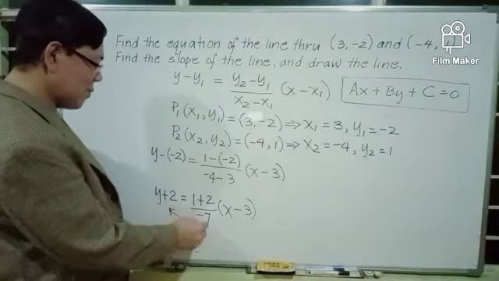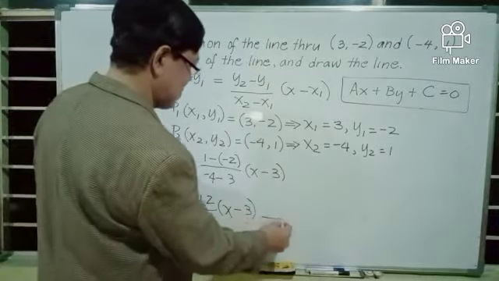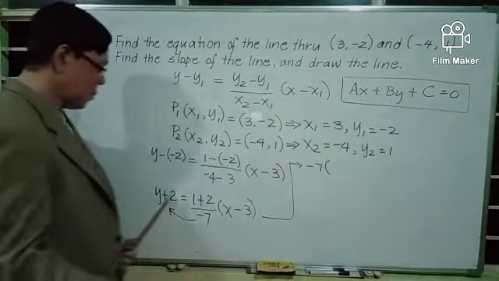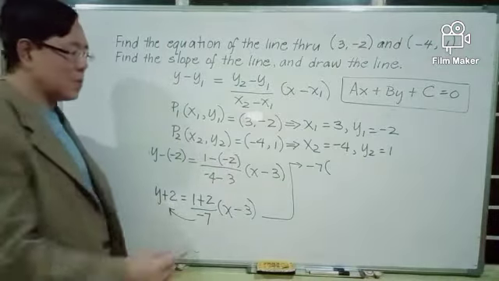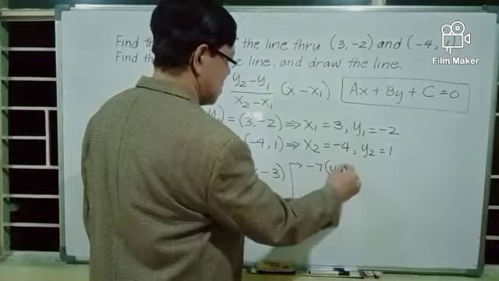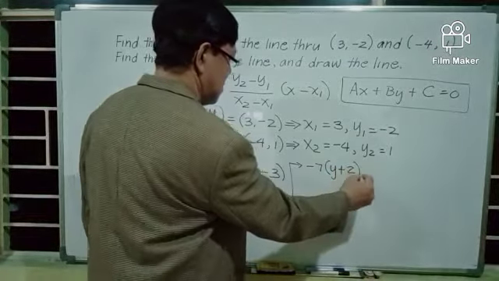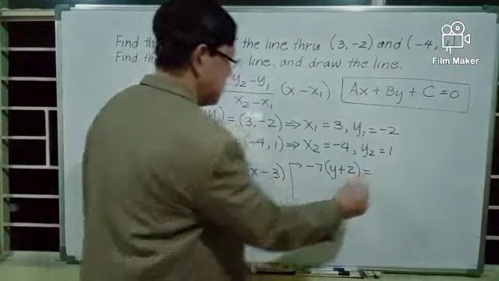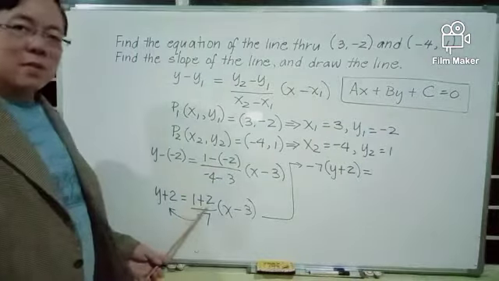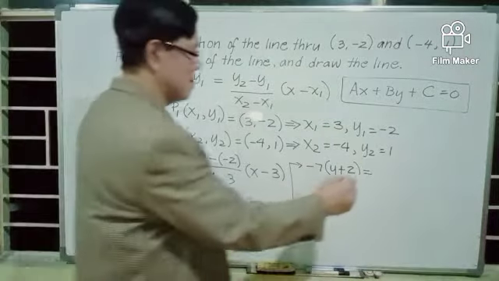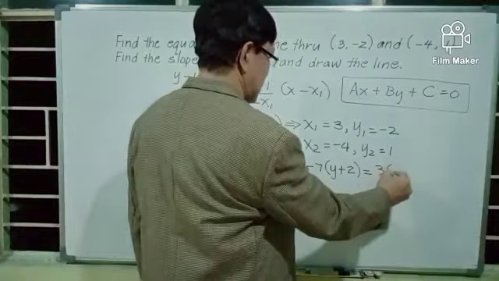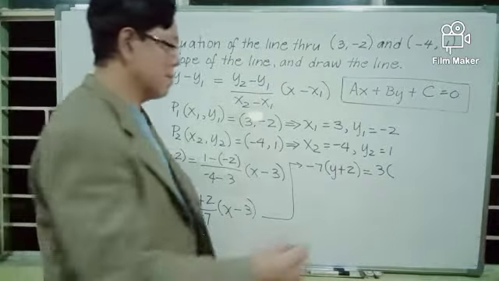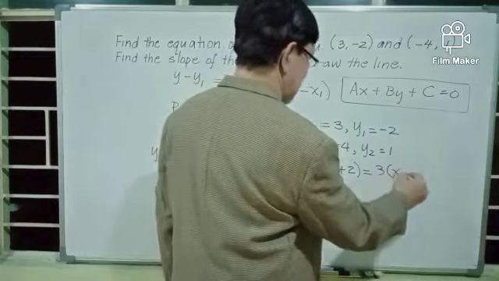We have negative 7 multiplied by y plus 2 equals 1 plus 2, which is 3, multiplied by x minus 3.